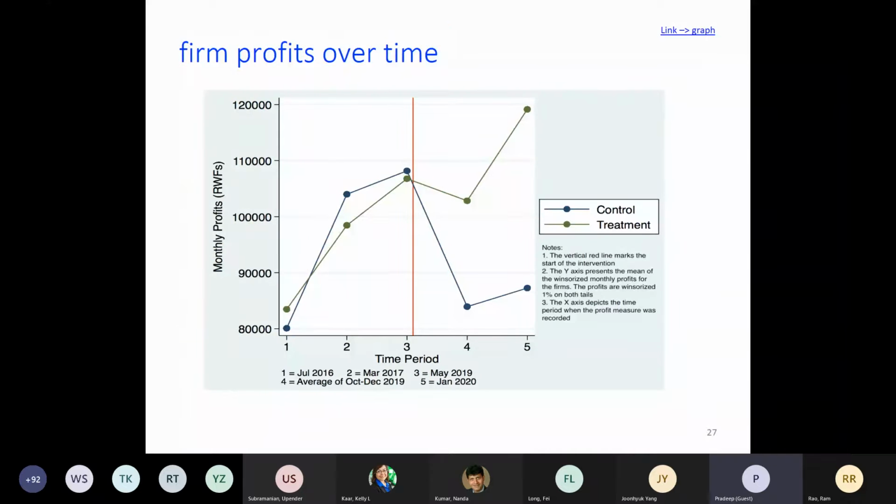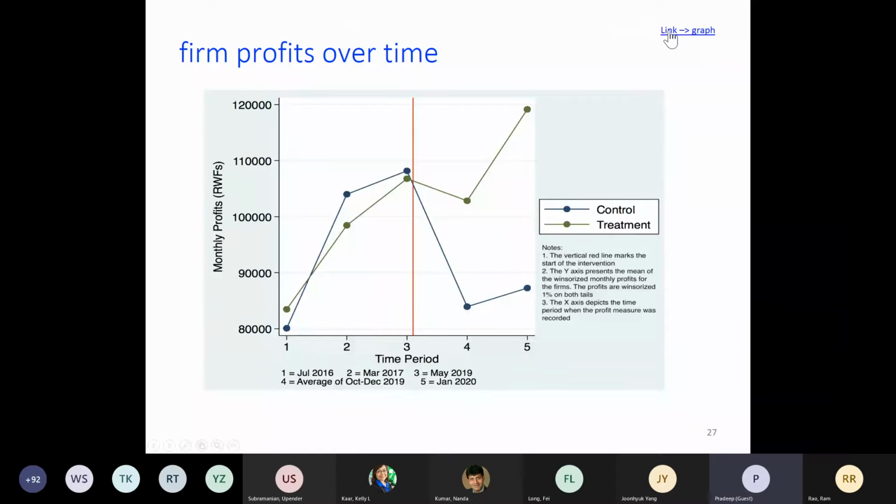Okay, so this is what happens to firm profits over time. You see the treatment group and the control group here over the different time periods, and what ends up happening in the months after the intervention is that the treated group seems to be doing much better than the firms in the control group.